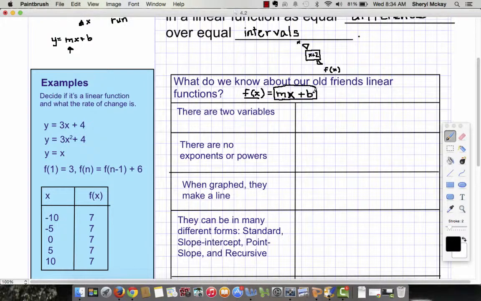So what do we know about linear functions? A linear function has two variables. Usually that's an x and a y, but it doesn't have to be. It can be s and r, whatever you want, but usually it's x and y, especially when we're graphing a line.